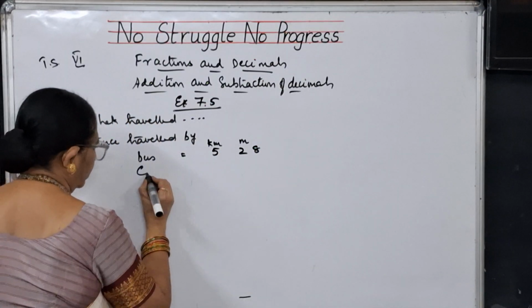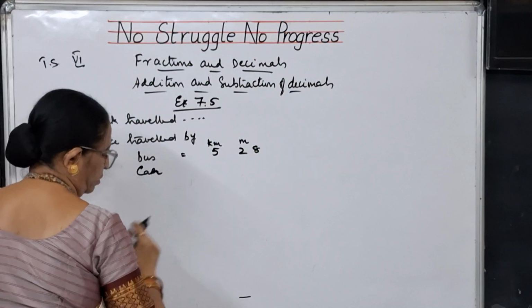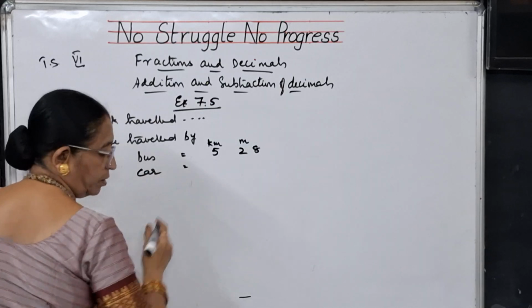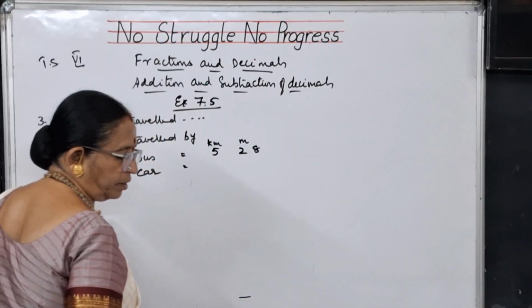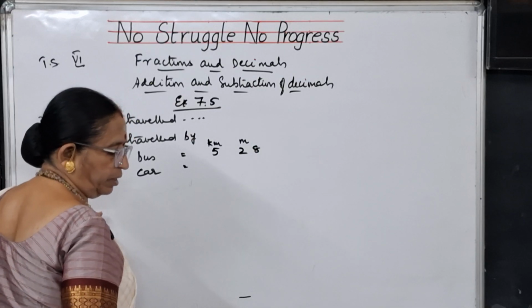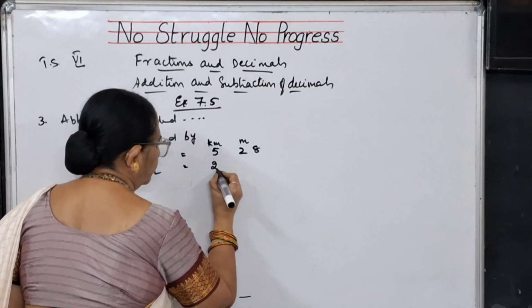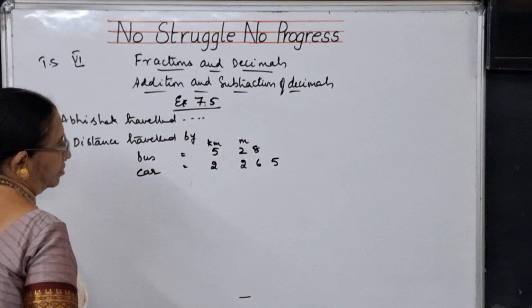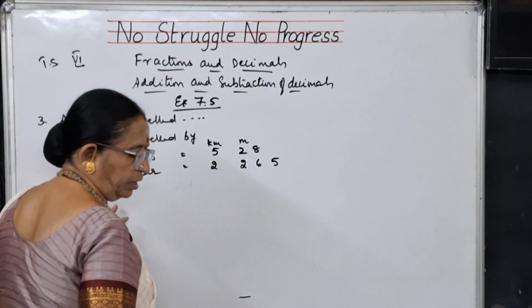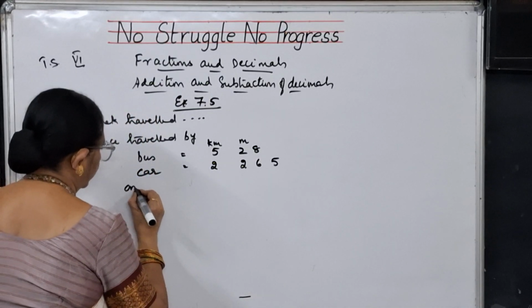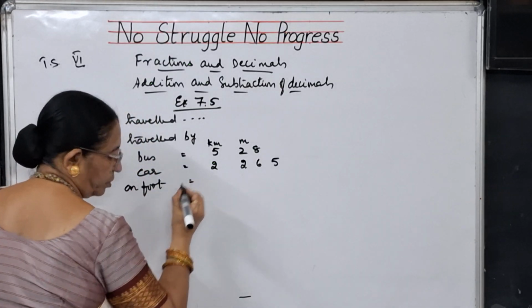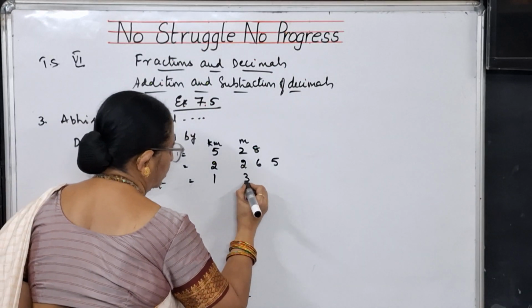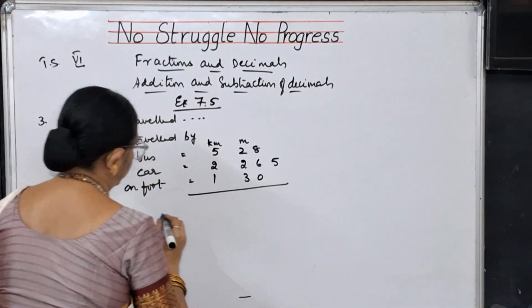And then by car, 2 kilometers 265 meters. So it should be like this. And then on foot. How much he has traveled? 1 kilometer, 30 meters.